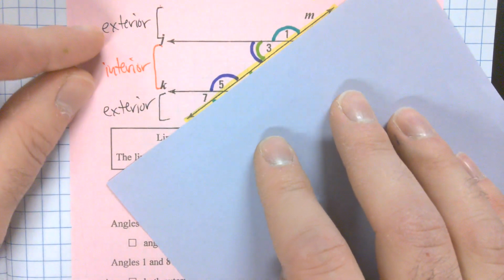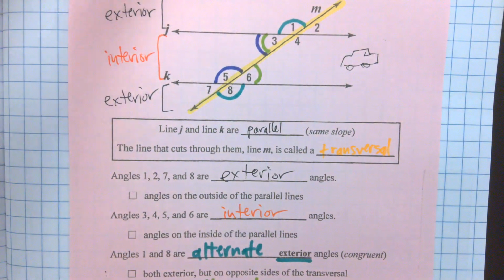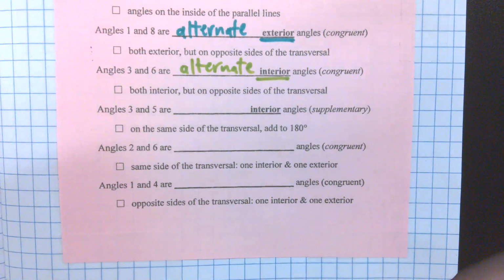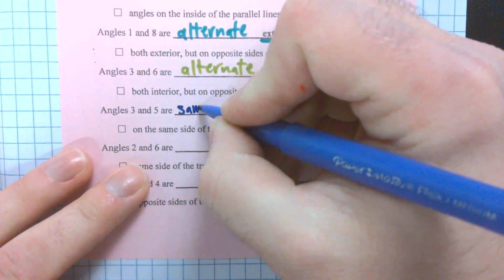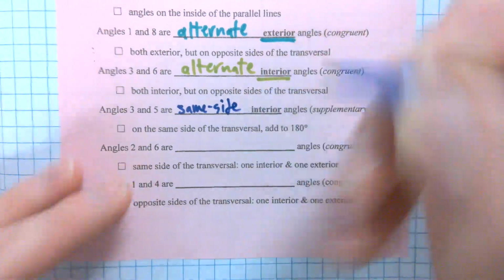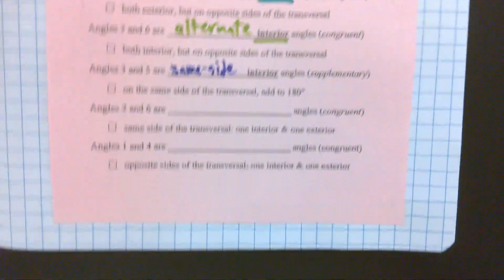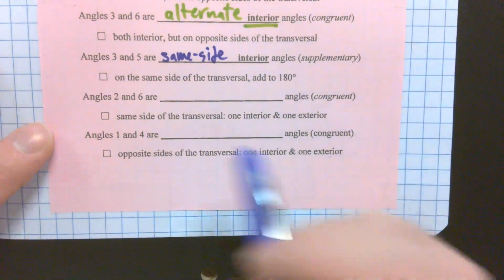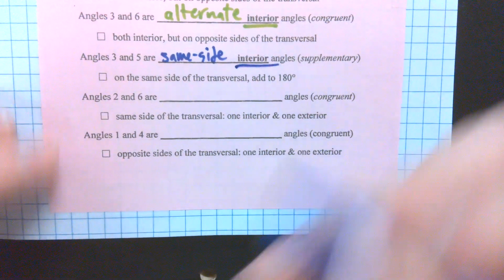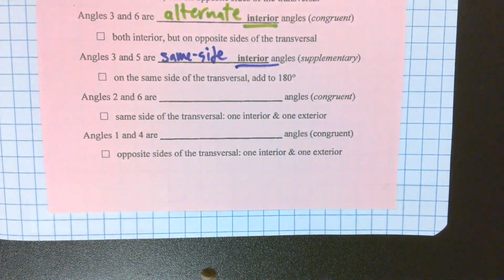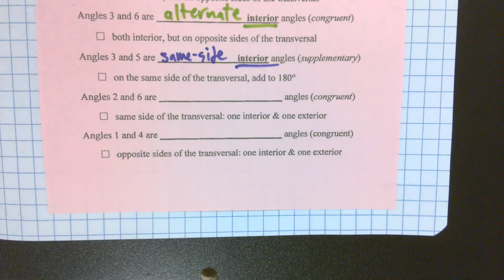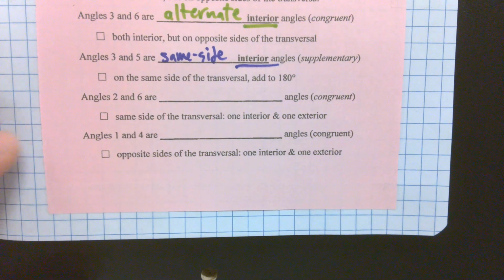So they're interior angles, but they're not alternate. They're on the same side. So we call them same side interior angles. This is going to take a couple days, so don't feel too overwhelmed about this right now. We're just going to get the introduction today. We'll break it down more and explore it throughout the week.